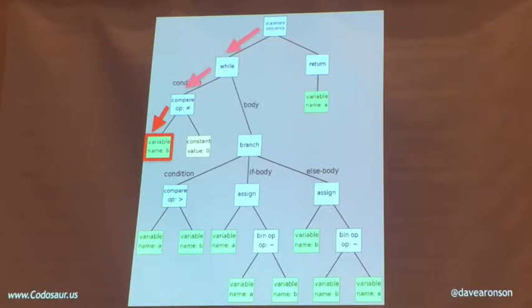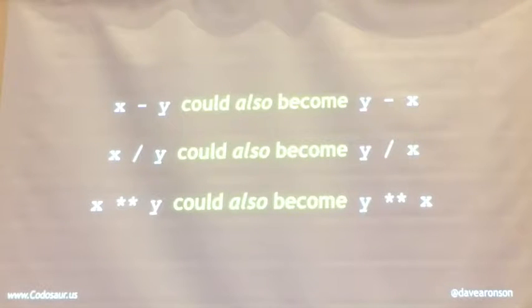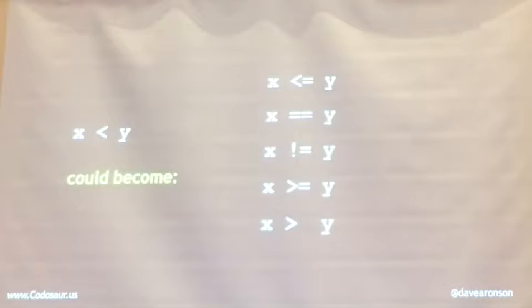So what kind of changes are we talking about? There are quite a lot. It could change a mathematical operator or a logical operator or a bitwise operator to another one. If the language allows, we can even change among those sets. It could change the order of operands in cases where it matters. It can change a comparison from one to another.